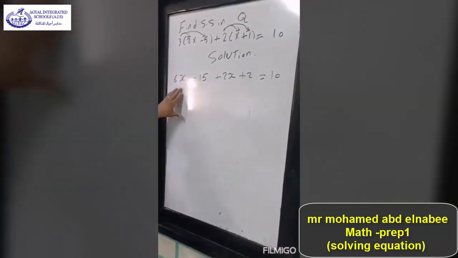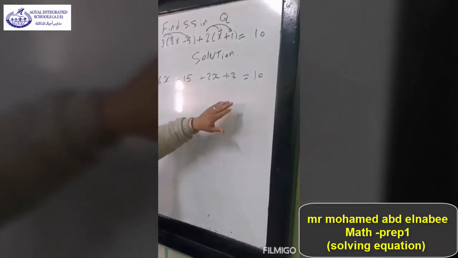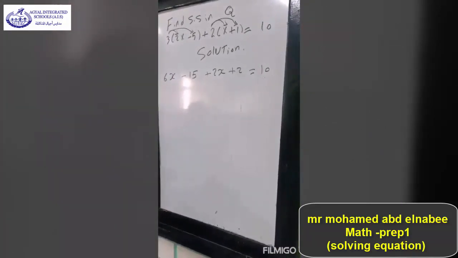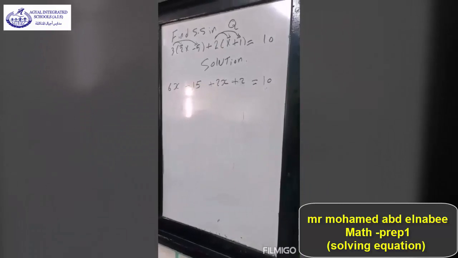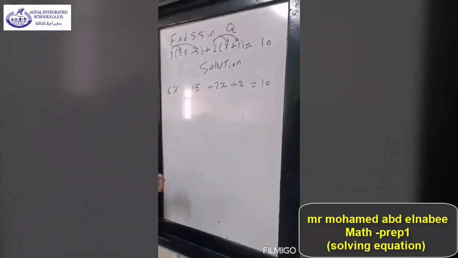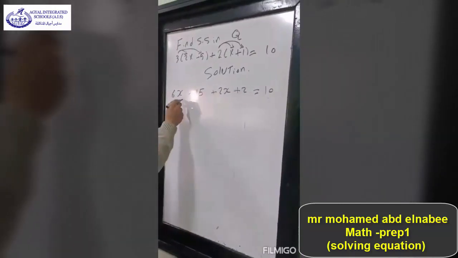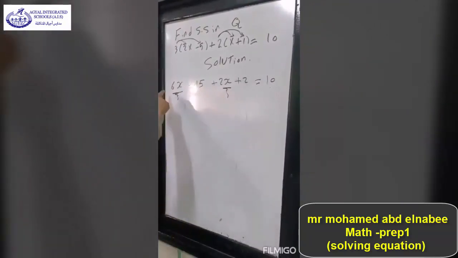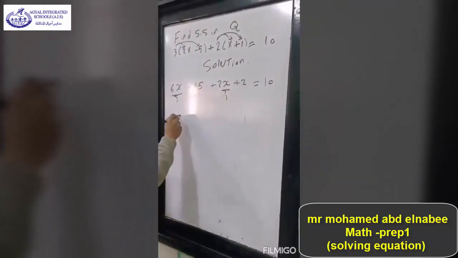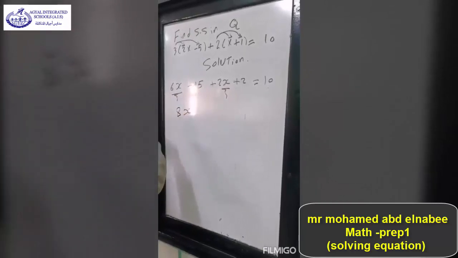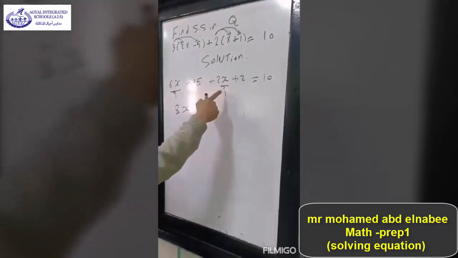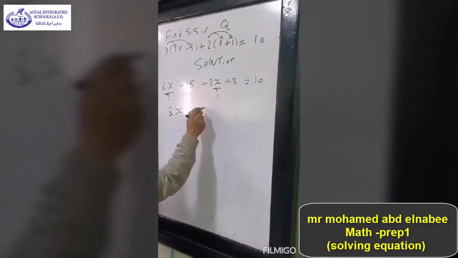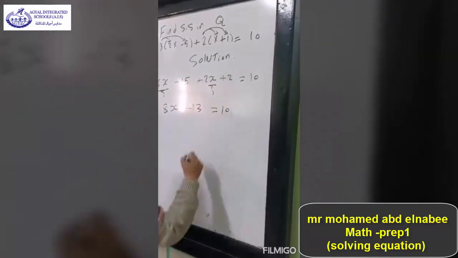We remove the brackets. We expand them. Step number 2 is to simplify everything. Take all the variables and make them one term, and all the numbers make them one. 6x, the like term is 2x. 6 plus 2 equals 8. Negative 15 plus 2 is negative 13, all equal to 10.